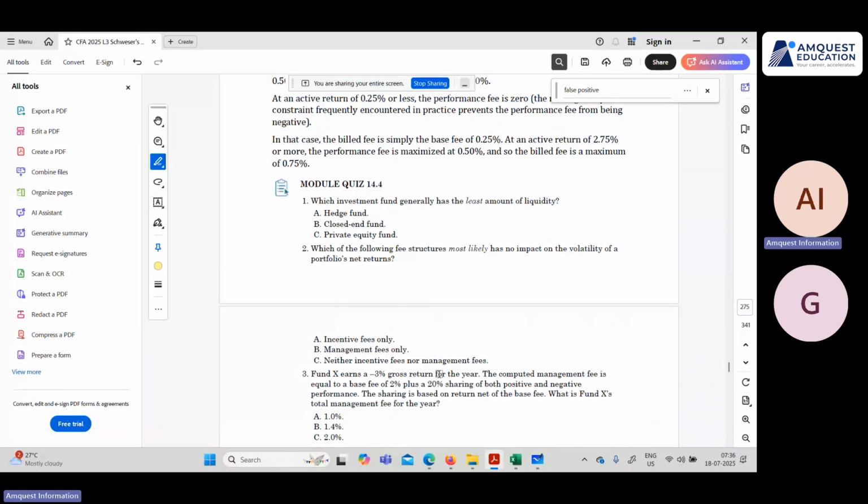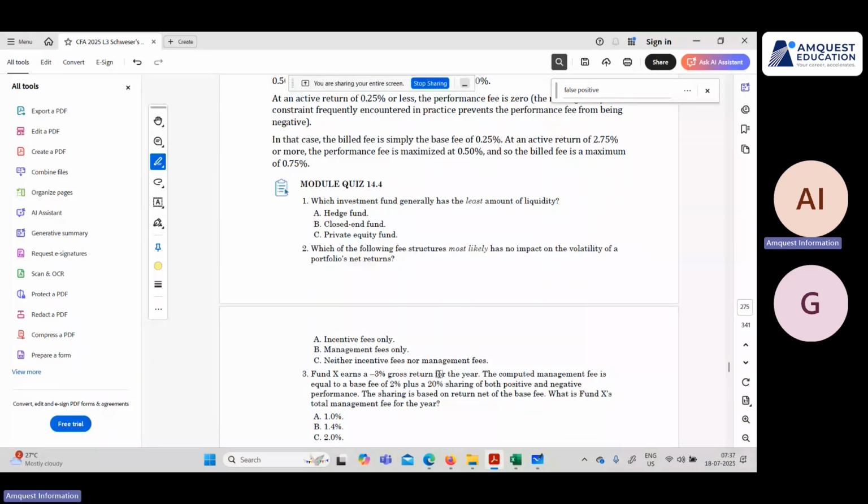You will have to use your phone, etc., to calculate this number. The share is based on return net of base fee. So it's 2.2. Oh, there's only three options.